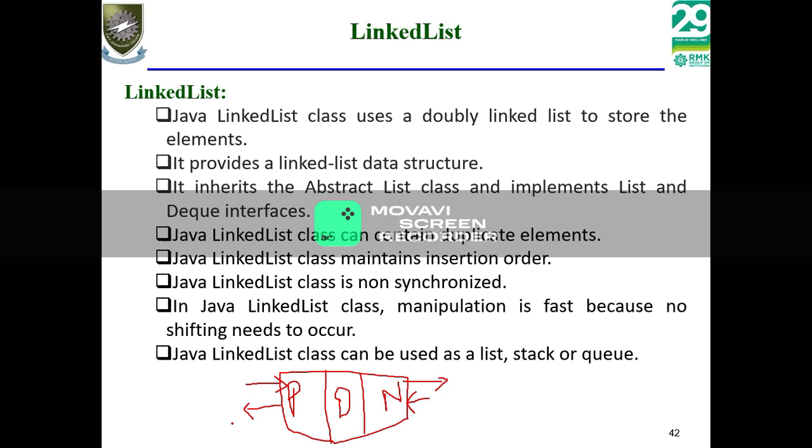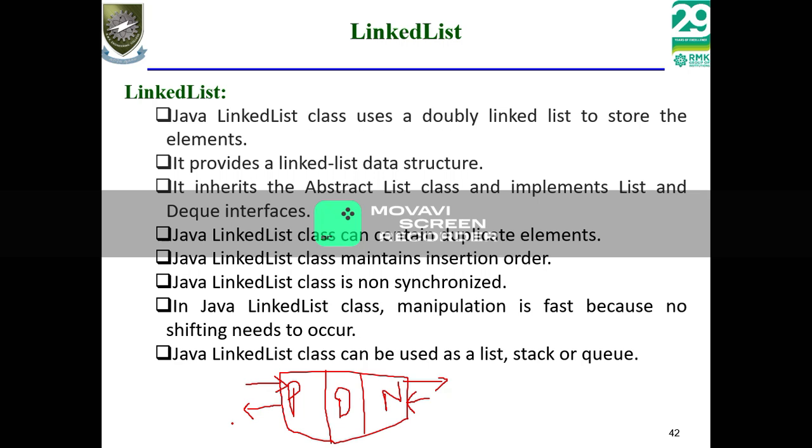Java linked list class can contain duplicate elements. You know that list will accept duplicate elements. So the properties of list can be implemented by the linked list also.